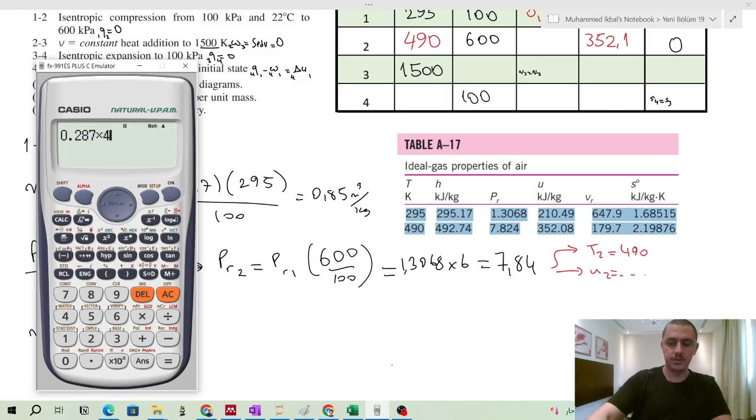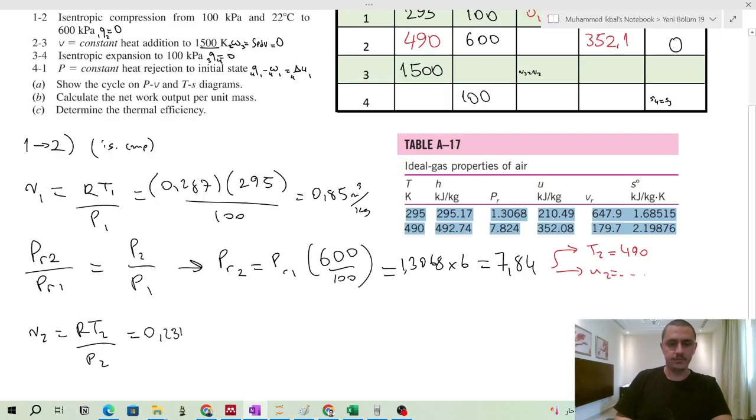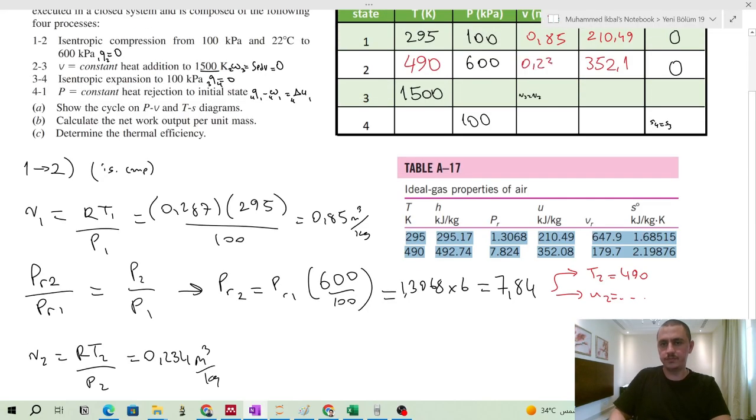T2 is 490 over the pressure. It's meter cube per kilogram. Okay, so let's use red color for the calculated values again. Completely done. We know the process from 1 to 2.